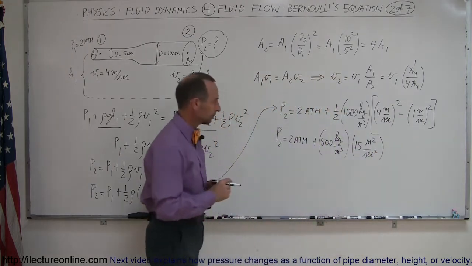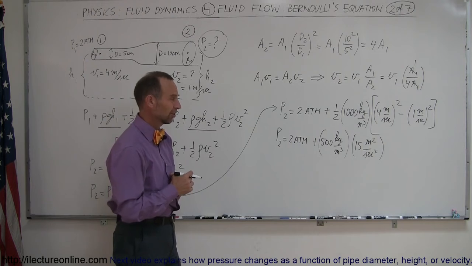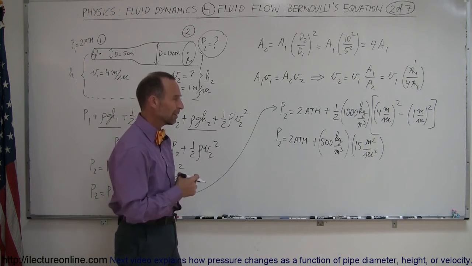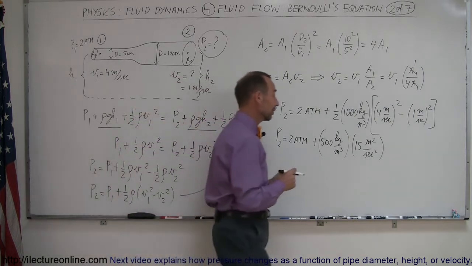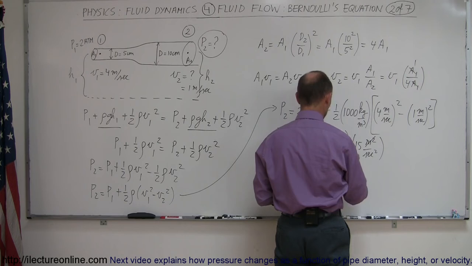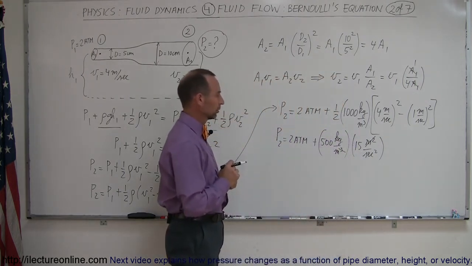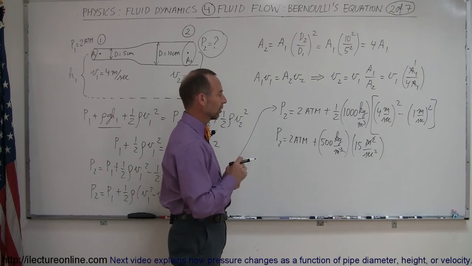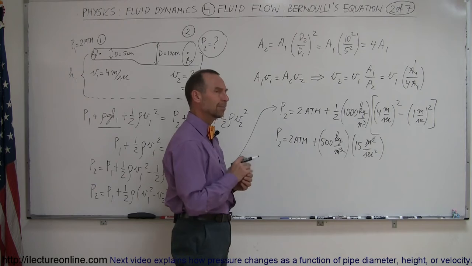All right. Now, looking at the units: kilograms per cubic meter times meters squared per second squared. Is that pascals? I don't know. Let's find out. Well, first of all, this cancels out with 2 of those. So now we have kilograms per meter per second squared, but I need pascals.